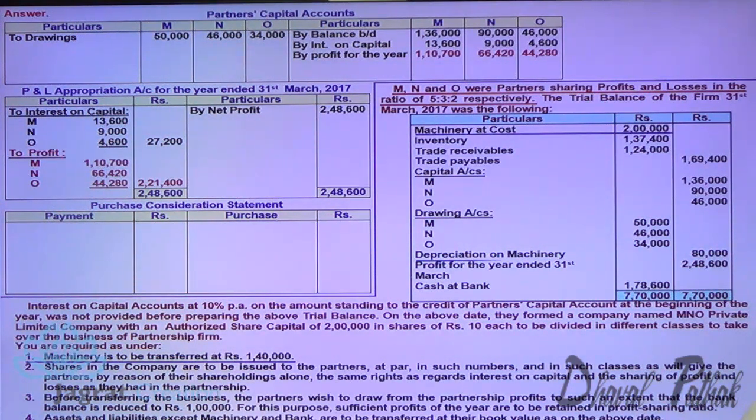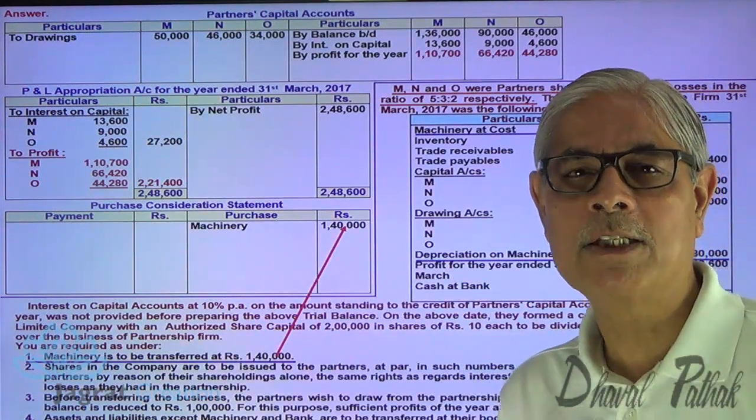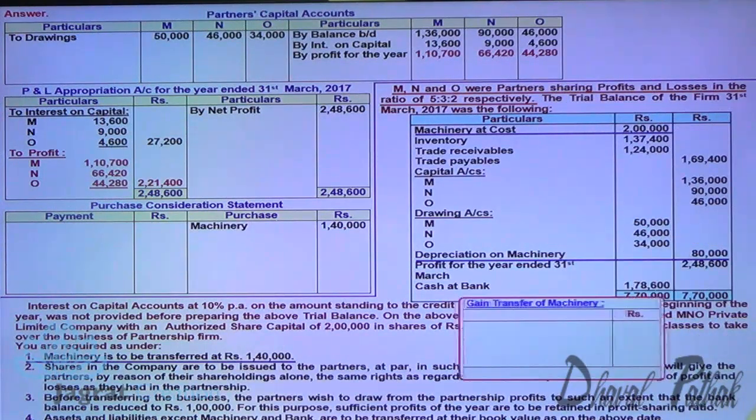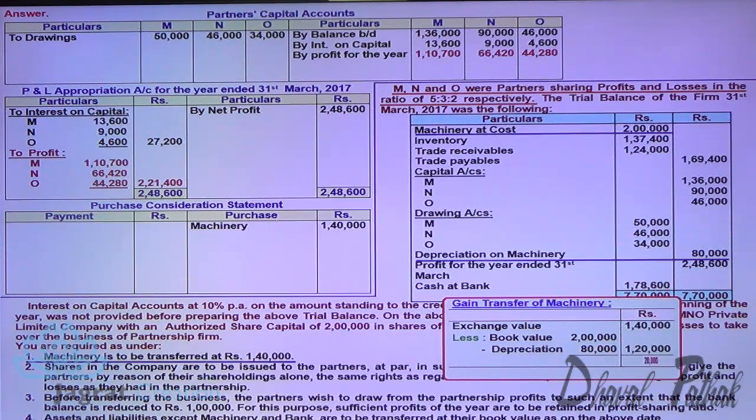As I explained to you, the cost of machinery in the books is 2 lakhs minus depreciation 80,000. So machinery transferred at what price? 1,40,000. How much is the profit on transfer? For that I prepare a working note. The exchange value is 1,40,000. Book value 2 lakhs minus depreciation 1,20,000.